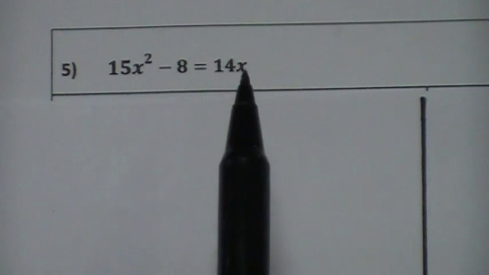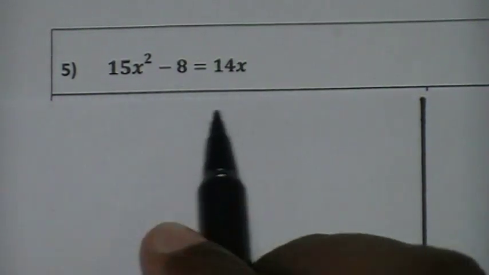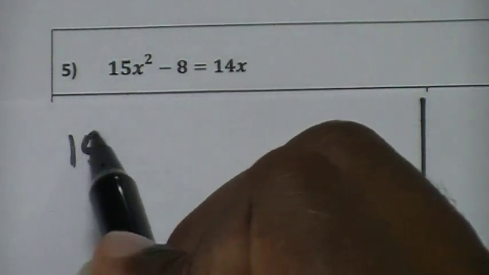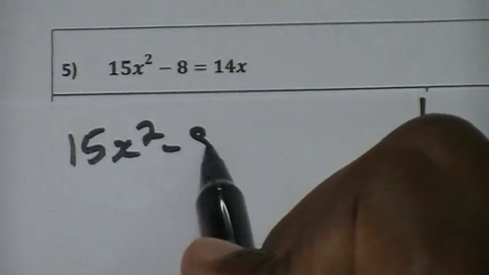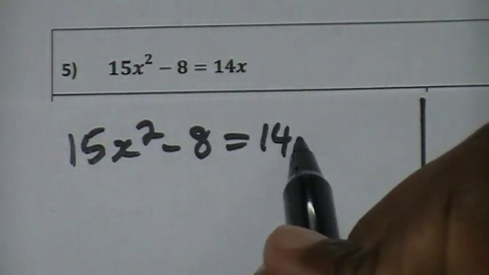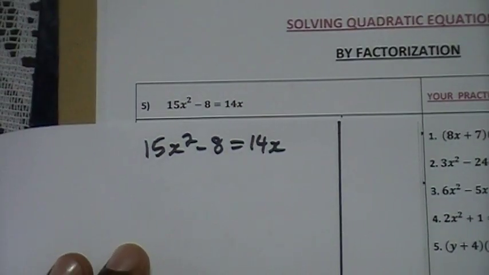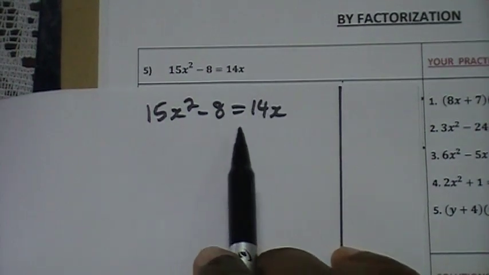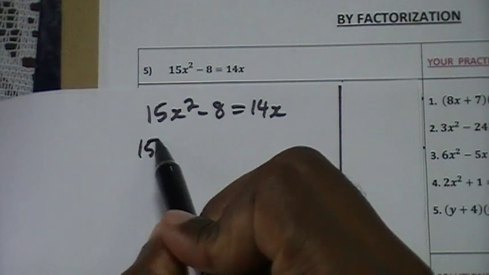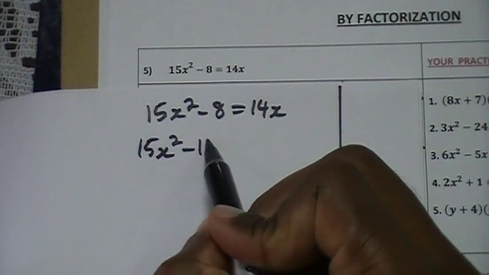But because it's an equation, you've got to do that to both sides. Let's rewrite. Alright, so now to subtract from both sides, we end up with this.